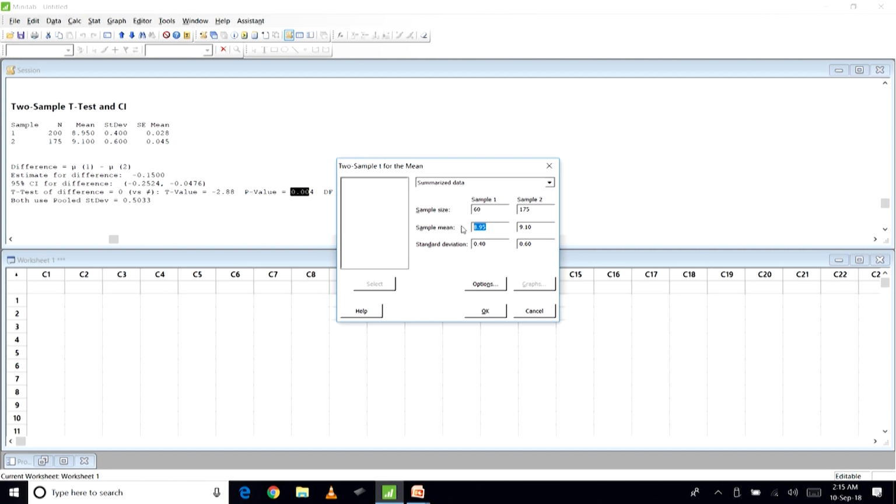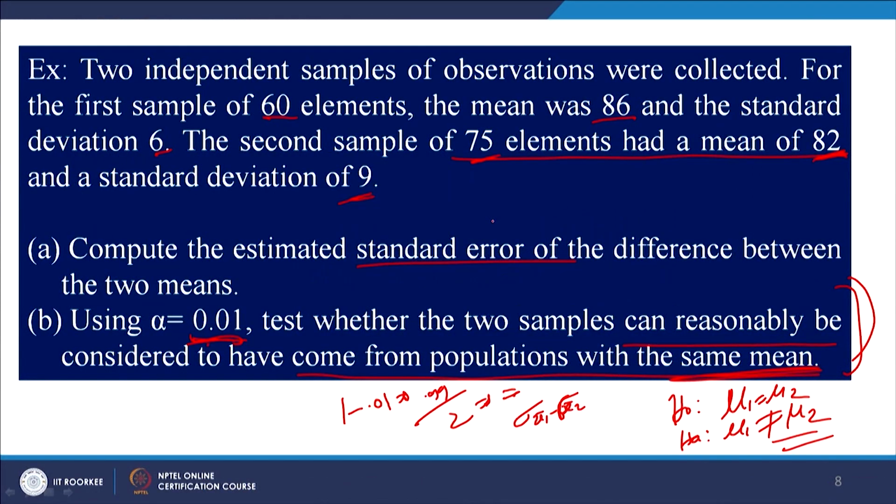These were the information given about sample 1: 60, 86, 6. Let us look at sample 2. It is 75, 82 and 9.